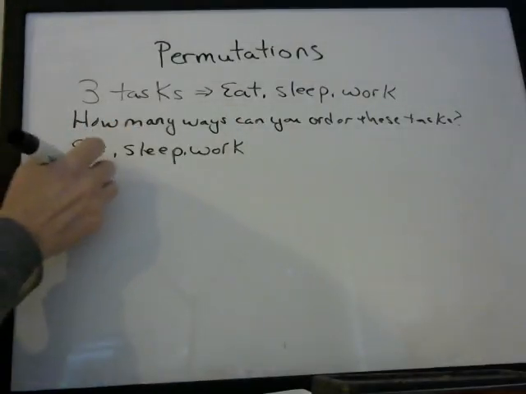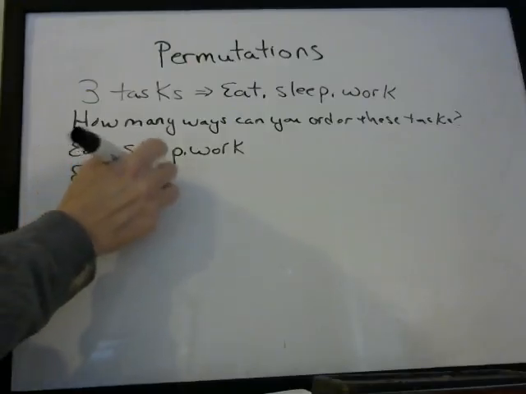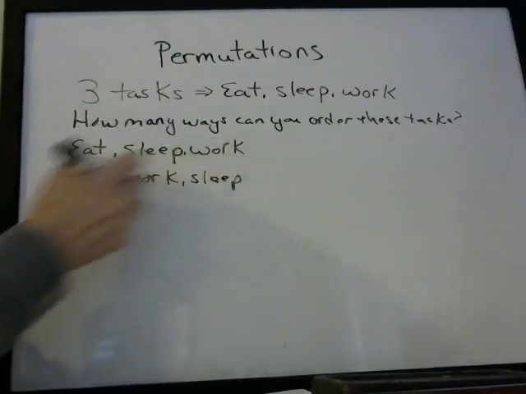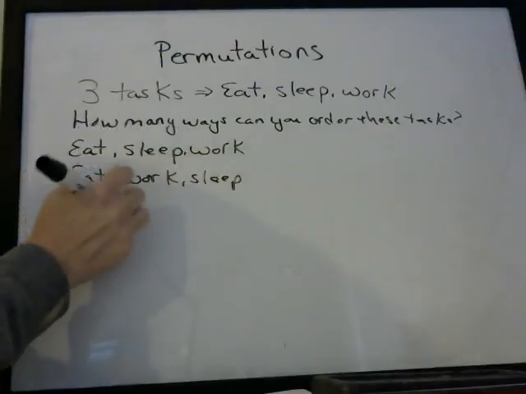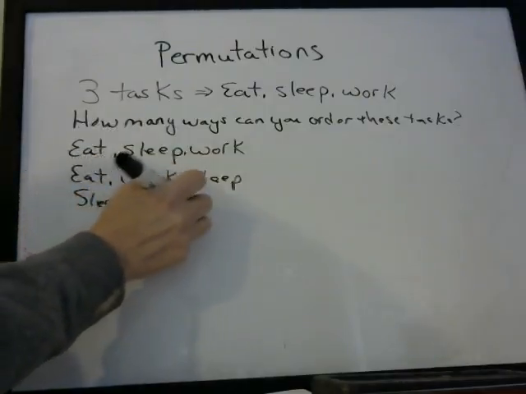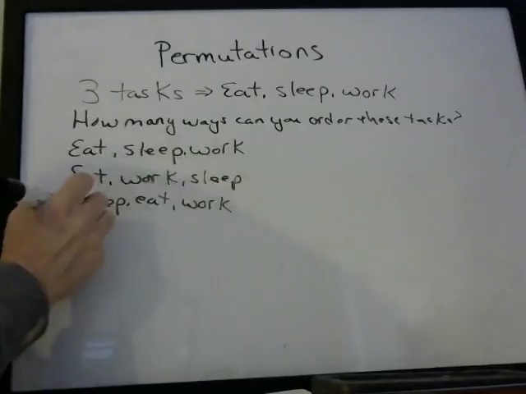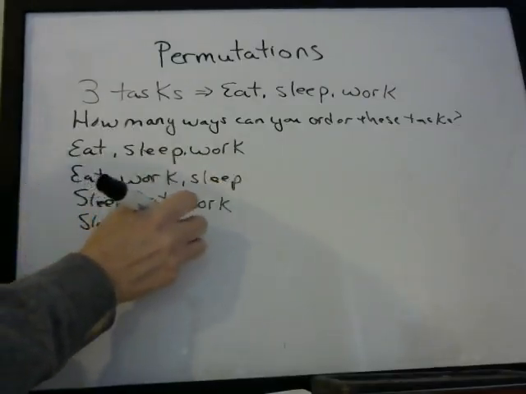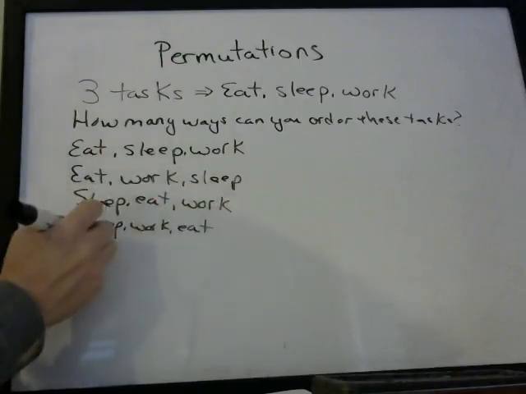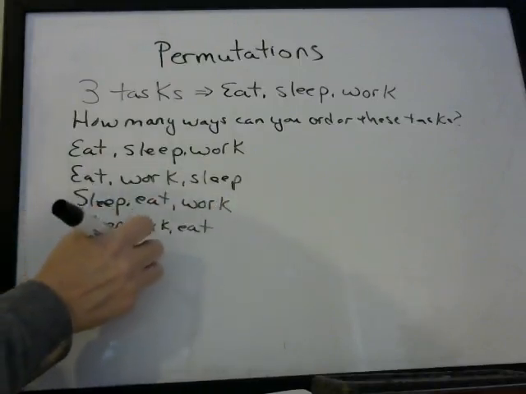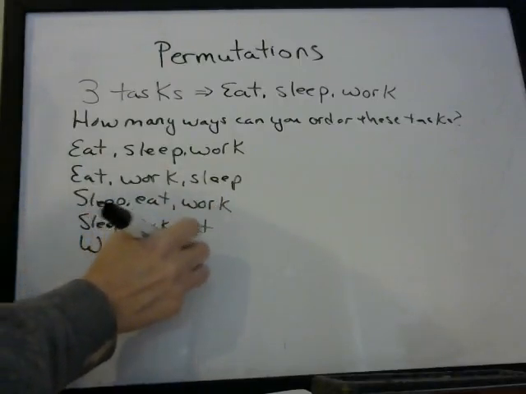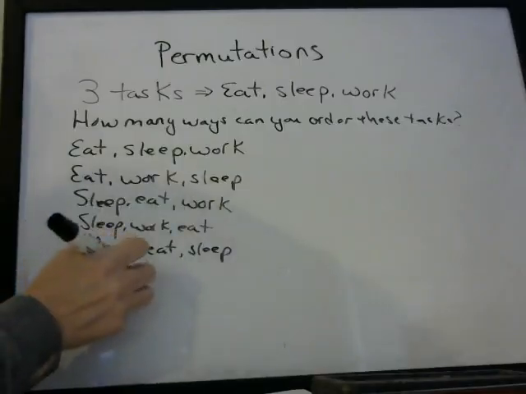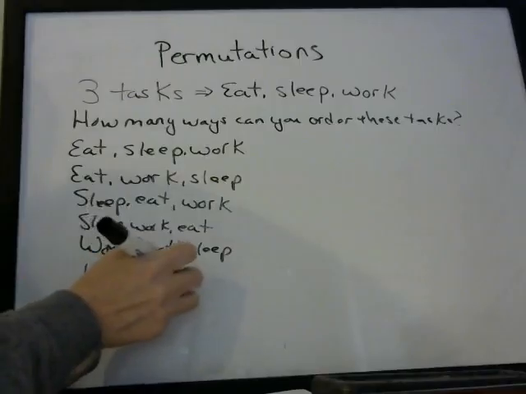Or we can eat first, we can work, and then we can sleep. We can also sleep first, eat, and then work. We can sleep, work, and then eat. Or we can work first, eat, and then sleep. Or we can work, sleep, and then eat.